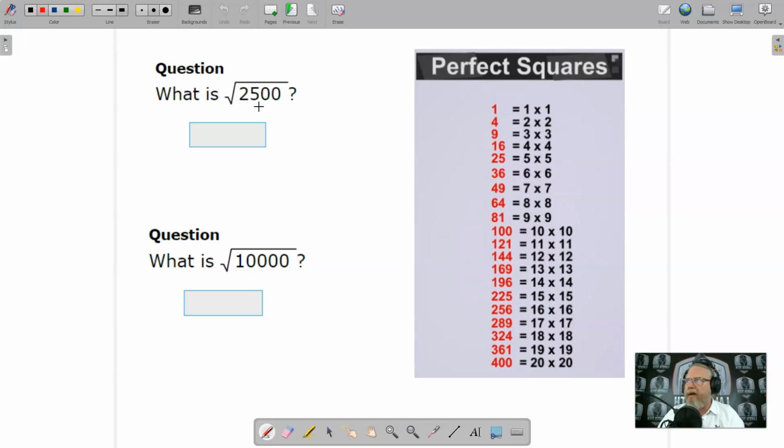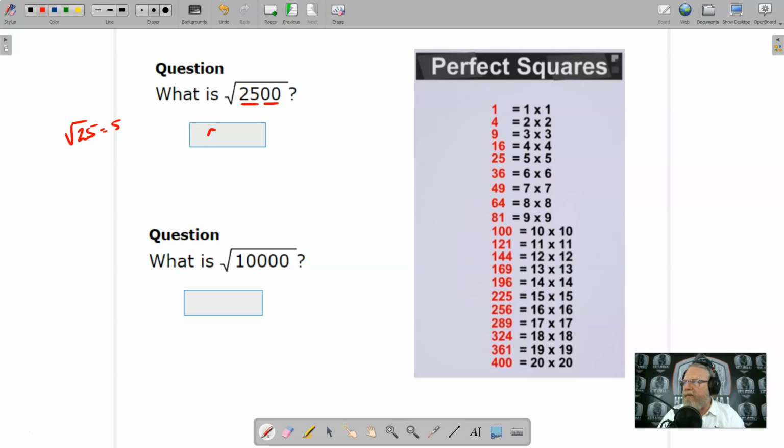What about the square root of 2,500? Well, this might seem somewhat difficult, but if we think about it, not really. Let's focus on the 25. We know that the square root of 25 is 5, right? But we have 2 zeros here. Well, 10 times 10 is 100, and 10 has 1 zero, and it produces 2 zeros.